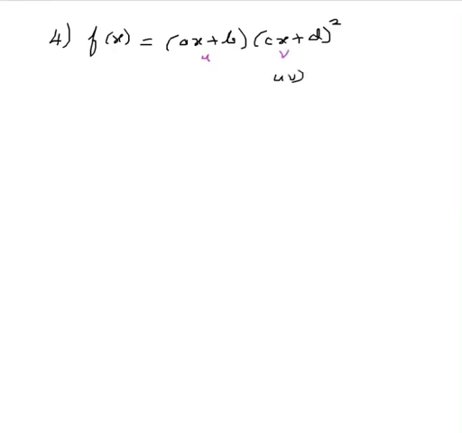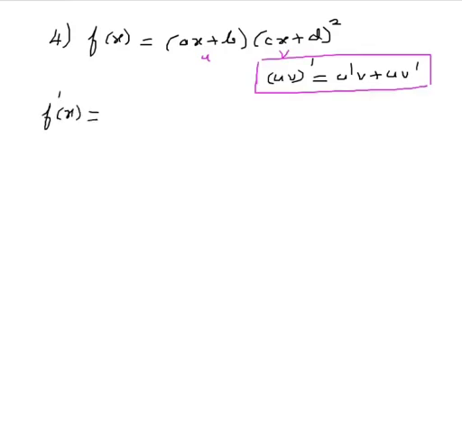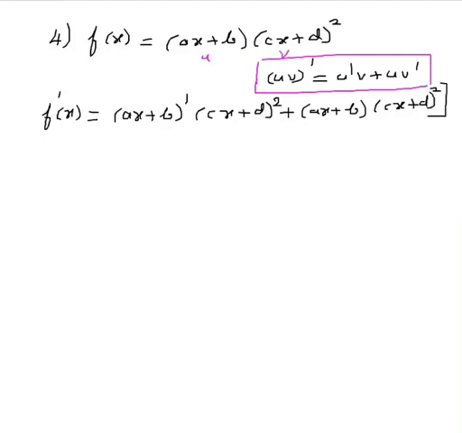The product rule formula, uv the whole dashed is u dash v plus uv dash. Therefore, f dash of x is equal to u dash, that is ax plus b the whole dash, into v, cx plus d the whole square, plus u is ax plus b and v dashed is cx plus d whole raised to 2 dash.